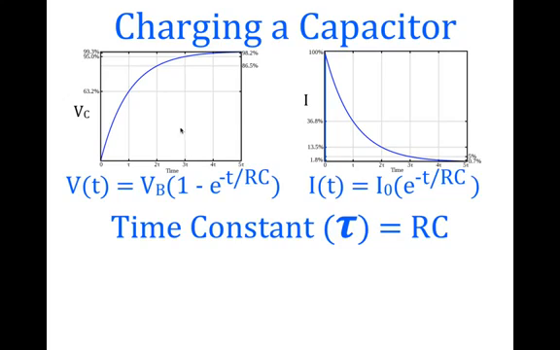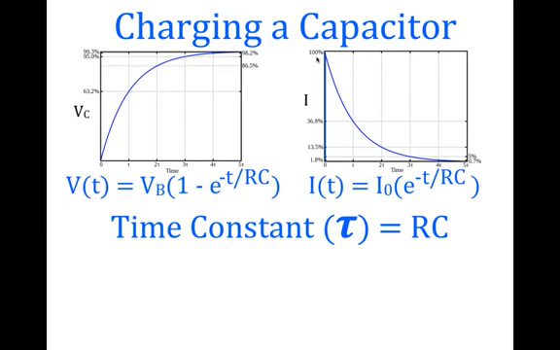For three, it's 95. For four time constants, it's 98.2. And after five time constants, when we consider the capacitor to be fully charged, the voltage across the capacitor is 99.3% of the maximum voltage, which is the voltage of the battery. This is an exponentially increasing curve.